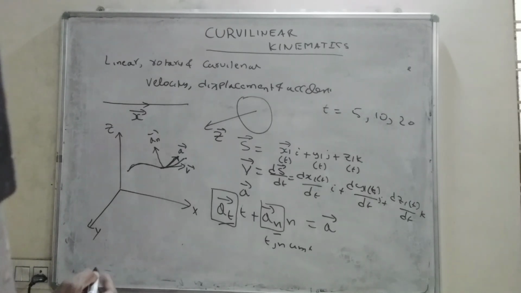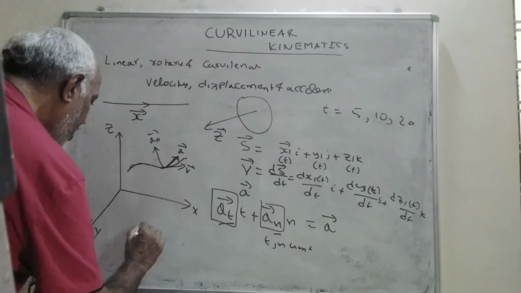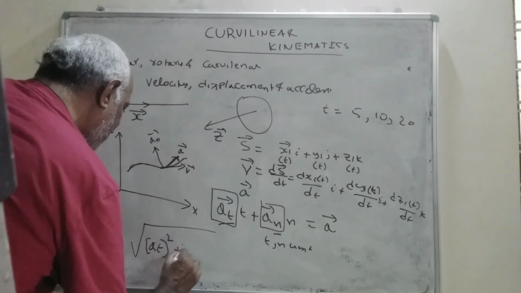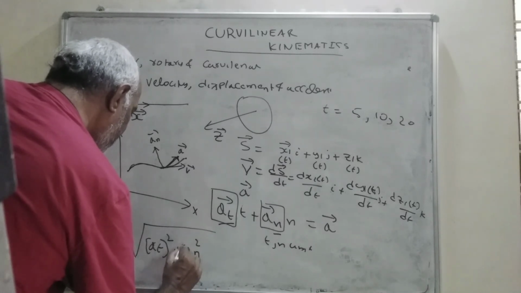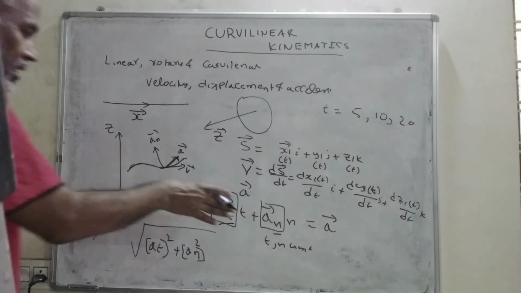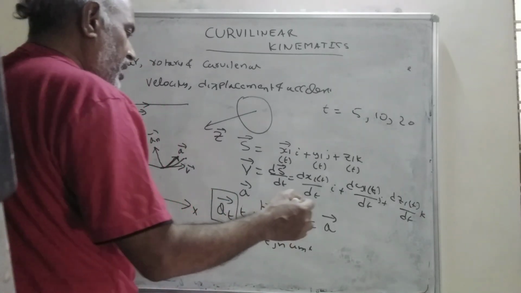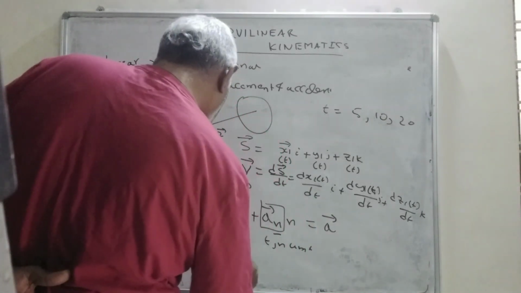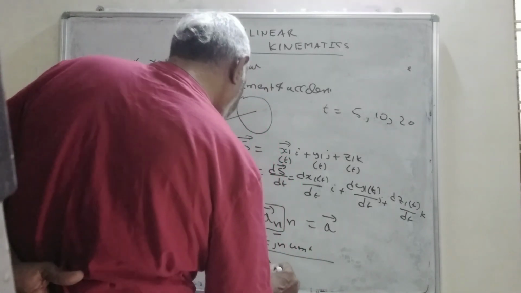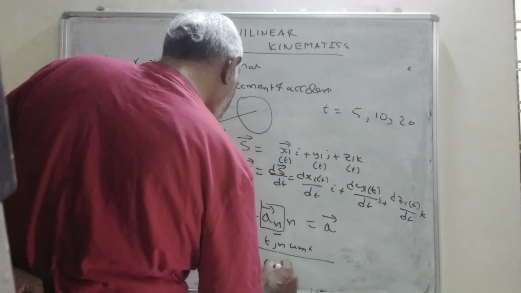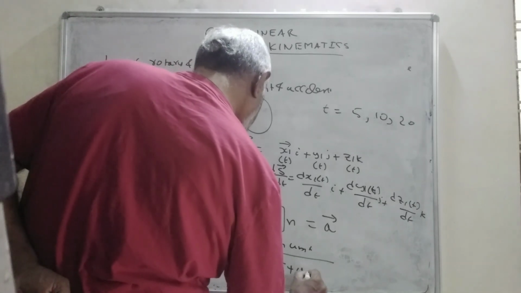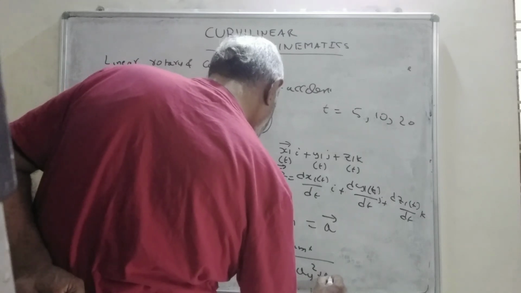That means the magnitude of a_t square plus a_n square, because the magnitude of this is equal to the square root of a_x square plus a_y square plus a_z square.